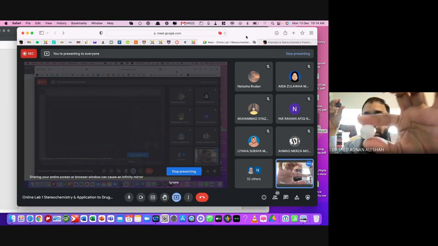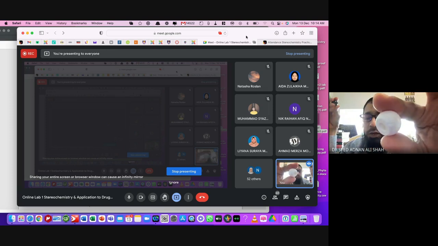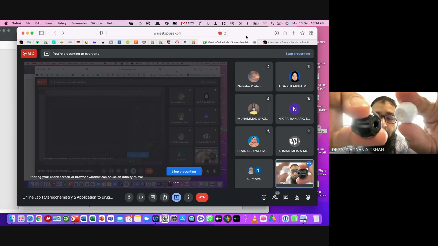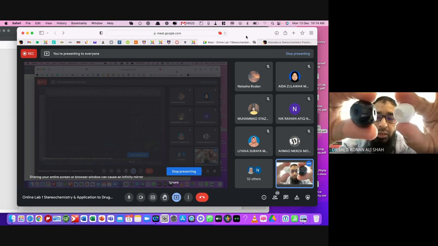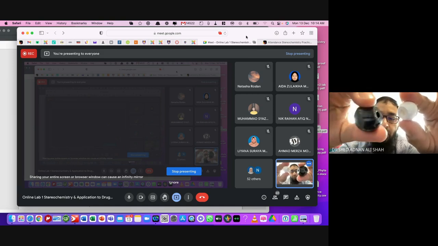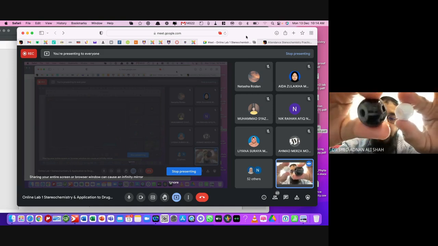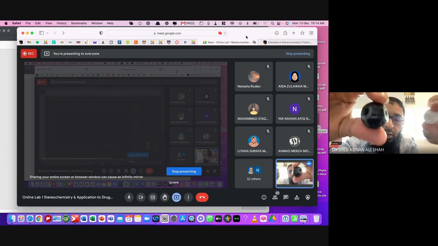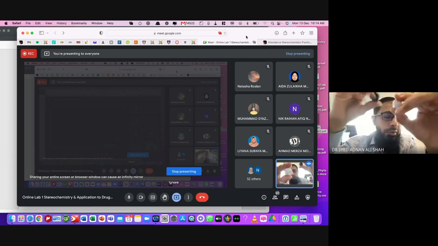This is how the hydrogen looks and this is how the carbon looks. Carbon is sp3 hybridized, with four substituents. It has valency 4, right? This is the carbon, and this one is the hydrogen.